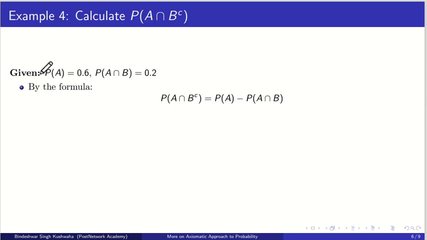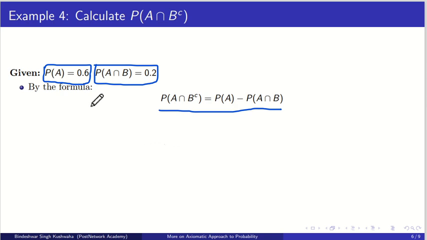So given that P(A) is equal to 0.6, and P(A intersection B) is 0.2. Here we need to calculate P(A intersection B complement).